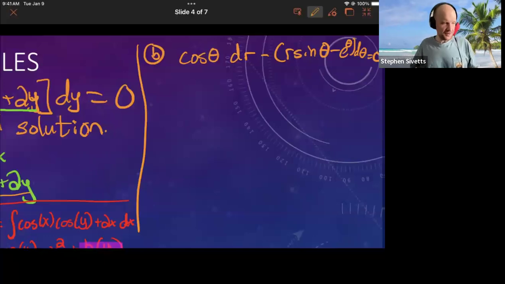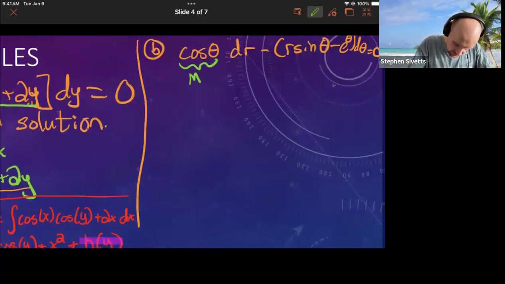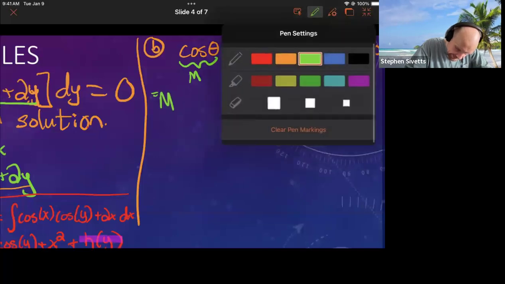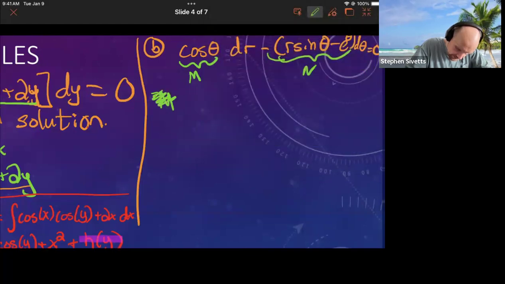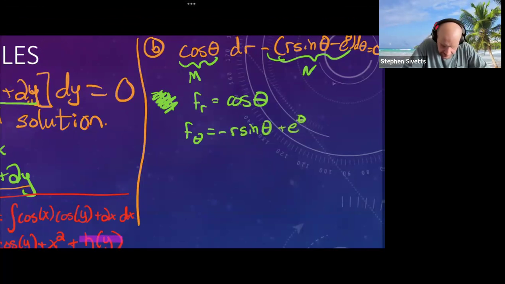Okay. So I assume you worked on this example here. Now, if you notice, we have r and theta, but that's okay, right? So this is the M function, and this quantity right here, that's N, including the negative sign, right? So let me write out f with respect to r. It's cosine theta, and then f with respect to theta is equal to minus r sine theta plus e to the theta, right?